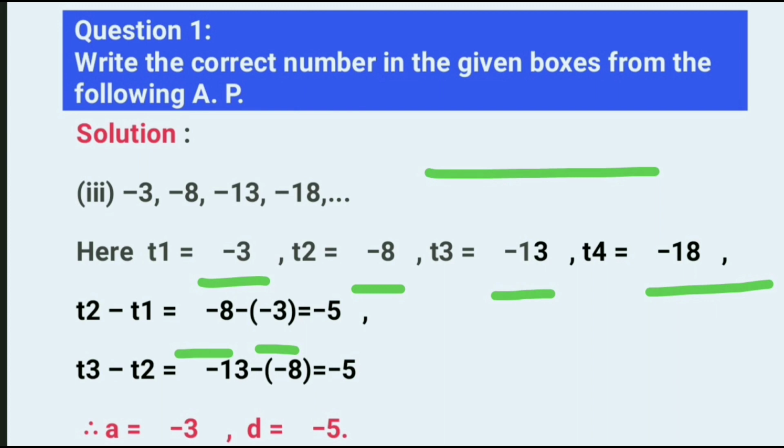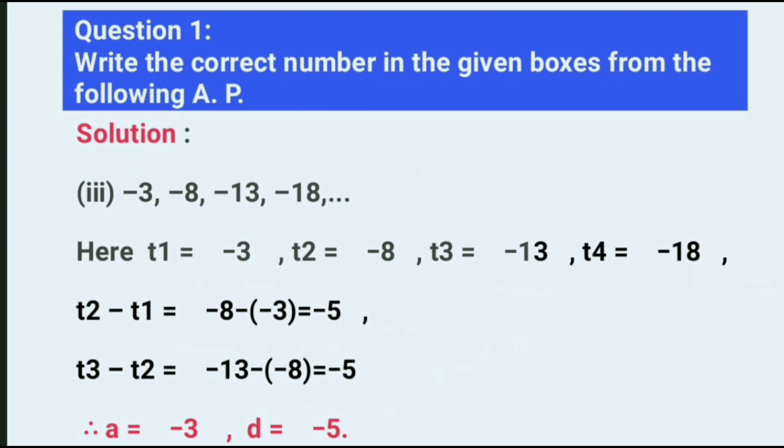That is -8 plus 3 is equal to -5. T3 minus T2 is -13 minus of -8, that is -13 plus 8 is equal to -5. So A is equal to -3 and D is equal to -5.